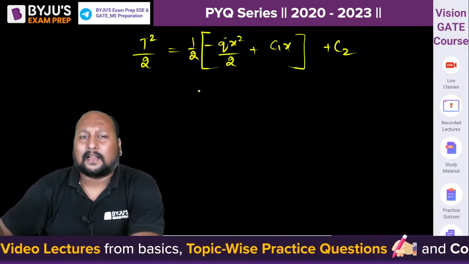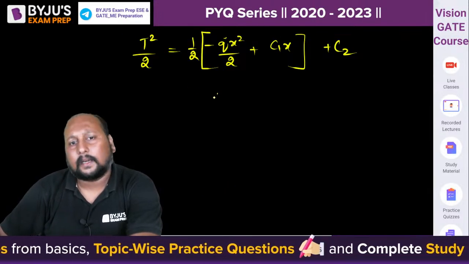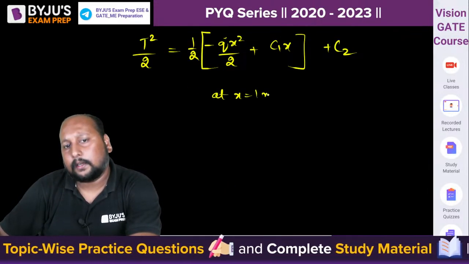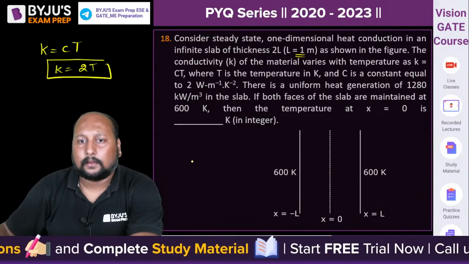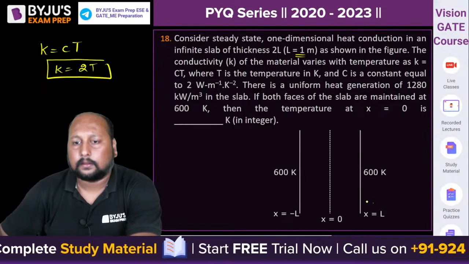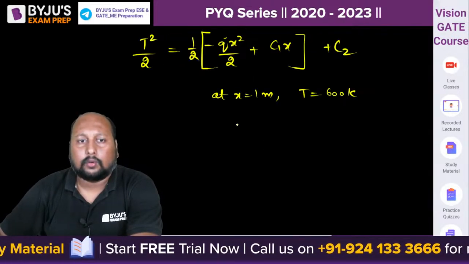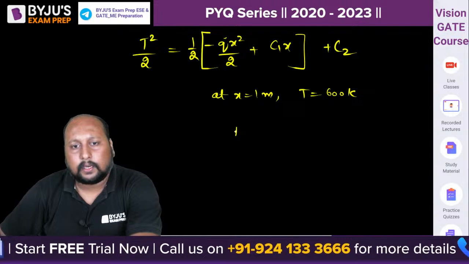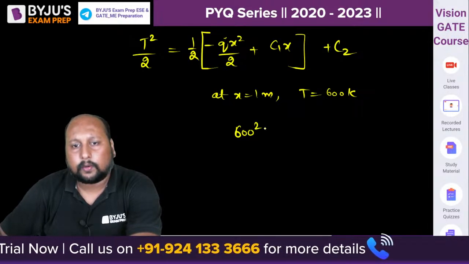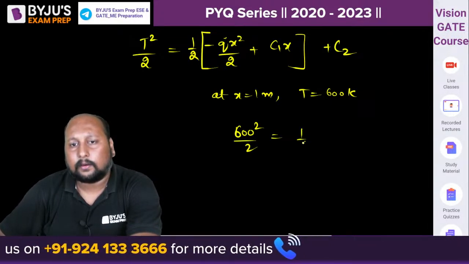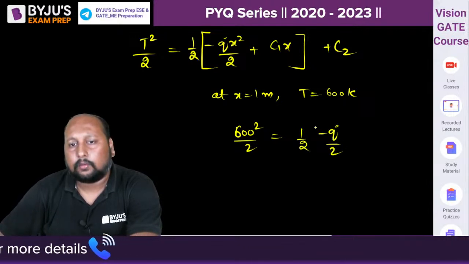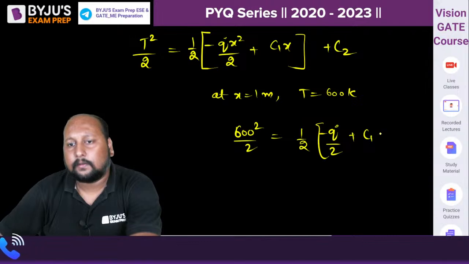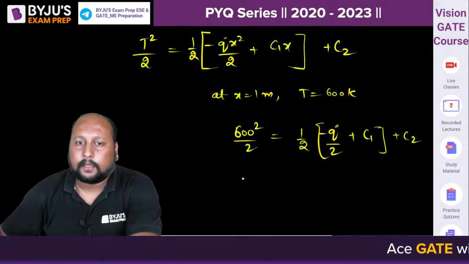Let us try again. At x equal to 1 meter, T is equal to 600 Kelvin. Okay, so we are having 600 square by 2 is equal to 1 by 2 minus Q dot by 2 plus C1 plus C2. Okay, fine.